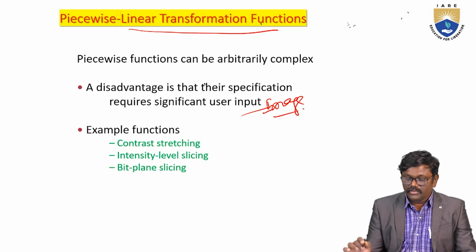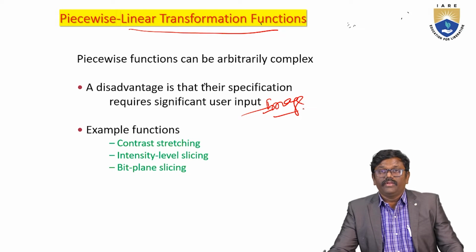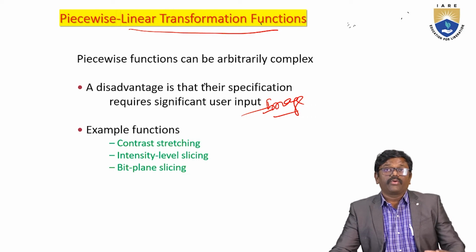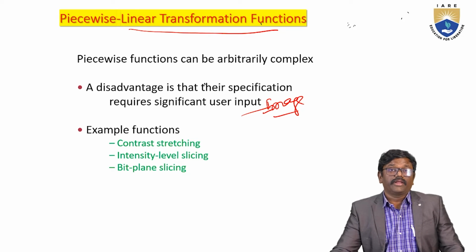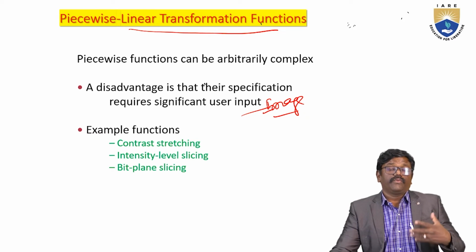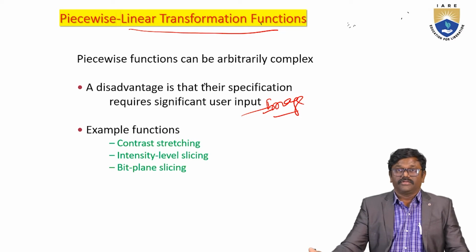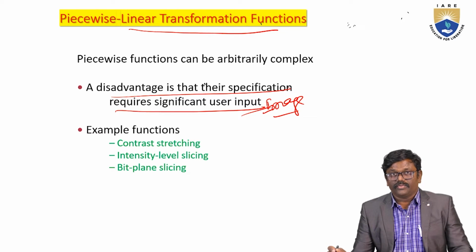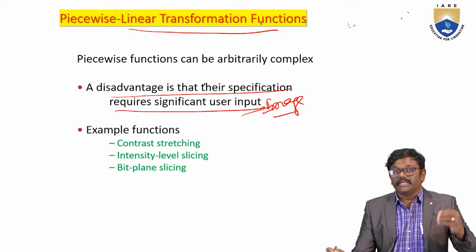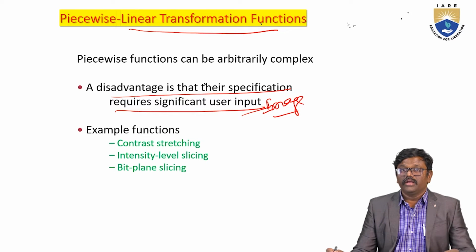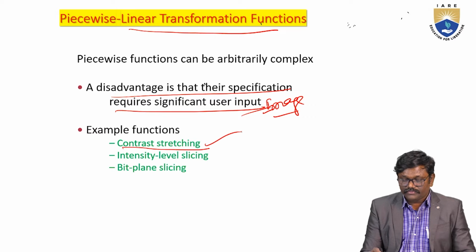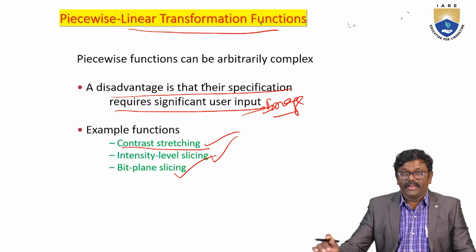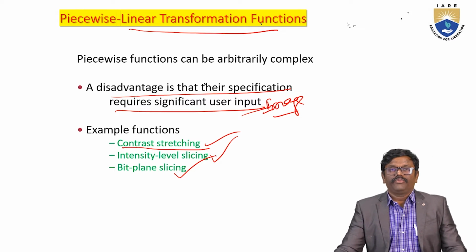So how this input image will be, we concentrate here on arbitrarily complex piecewise functions. Let us take some example functions which we want to concentrate on: number one, contrast stretching; number two, intensity level slicing; number three, bit plane slicing.